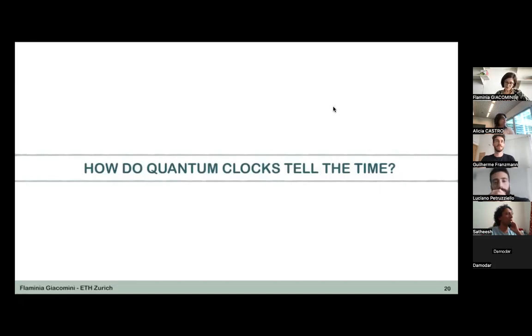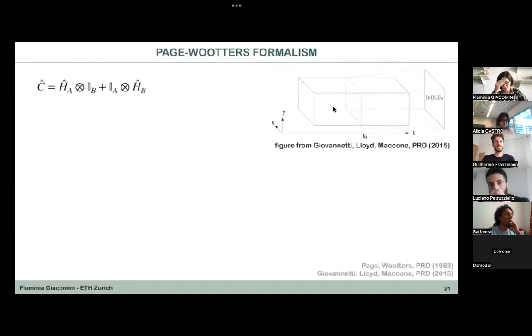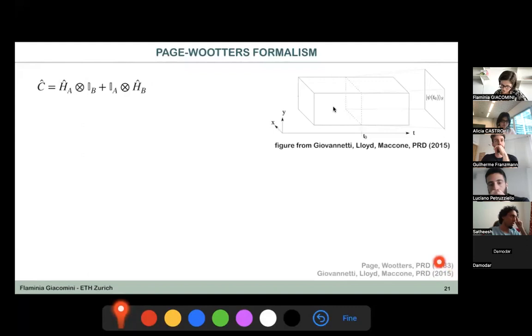Okay, so now let's go to the perspective of quantum clocks. Let me just review. One of the formalisms that we like a lot in this community is the Page and Wootters formalism. It's pretty old, 1983, by Page and Wootters.